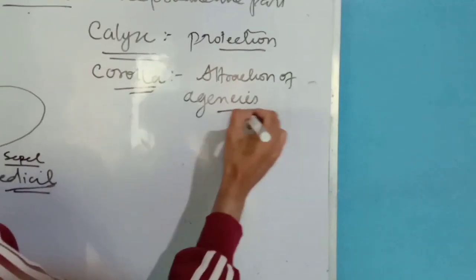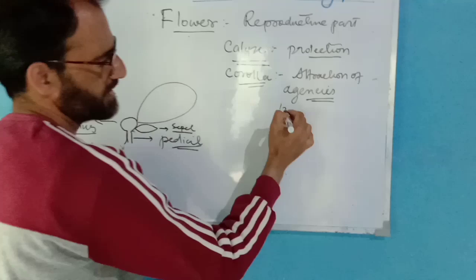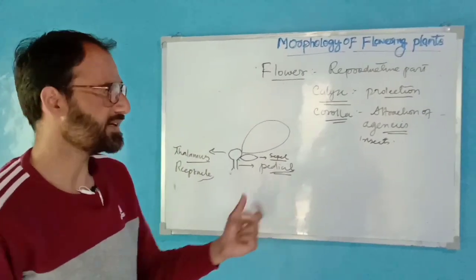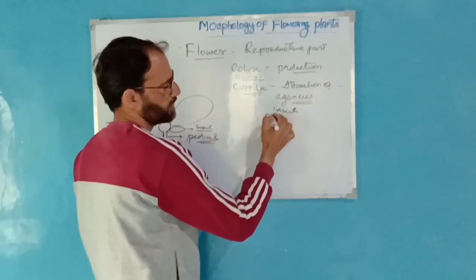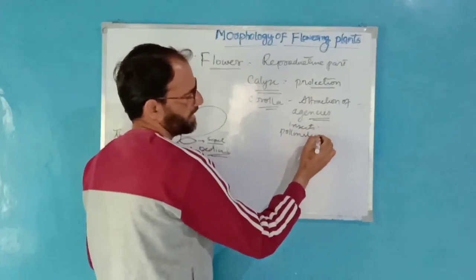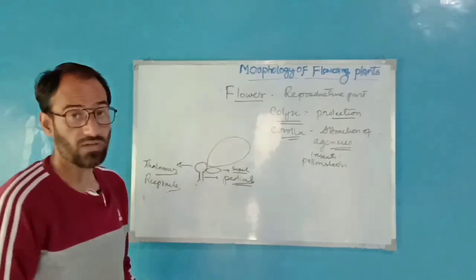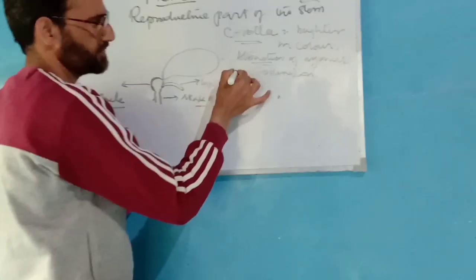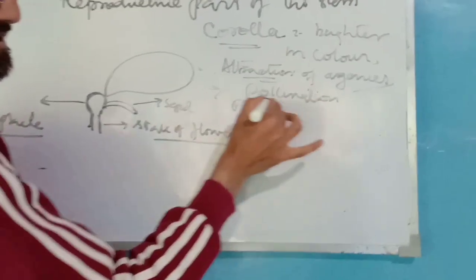What are the agencies? Agencies like insects and birds. These help us in the pollination. So its main function is attraction for pollination. The individual part of the corolla is called as petal.